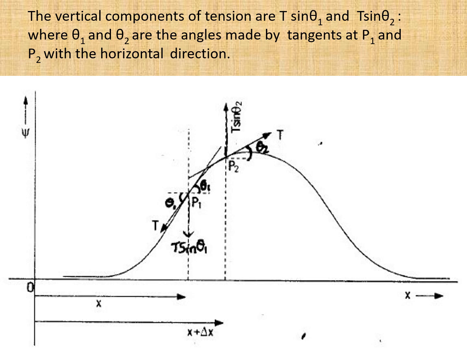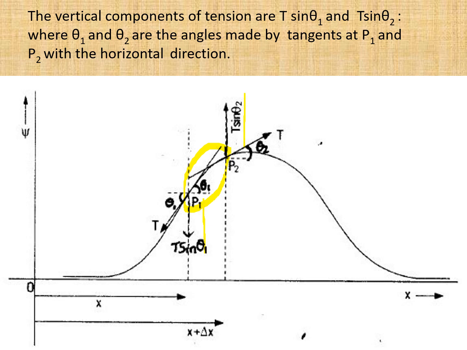Now we come to the third part of the essay. Consider the small element P1 P2 of length delta x. At P1, the vertical component of tension T sin theta 1 is directed downwards, whereas the vertical component of tension at P2, which is T sin theta 2, is directed upwards.